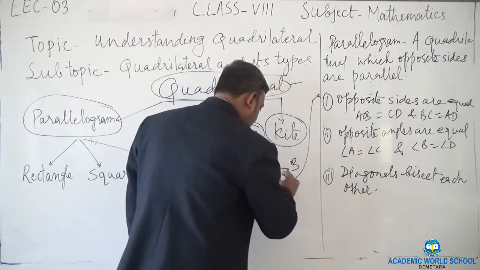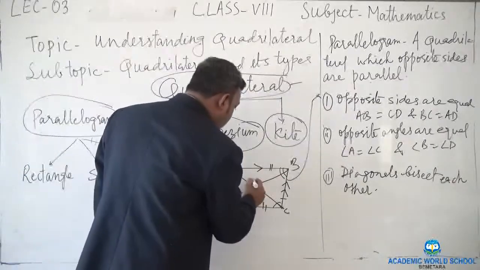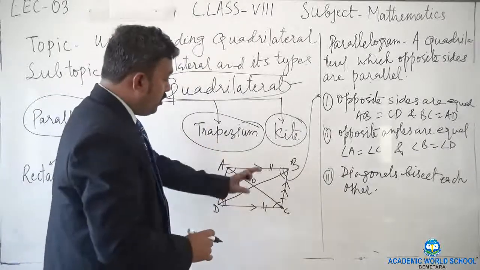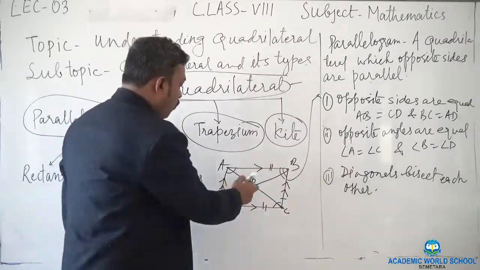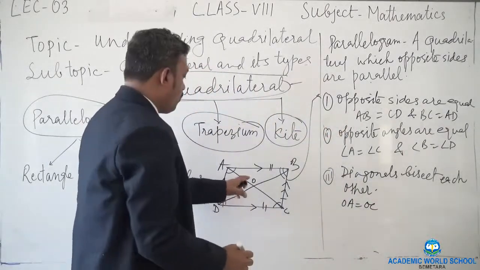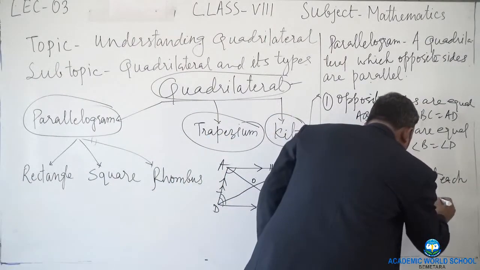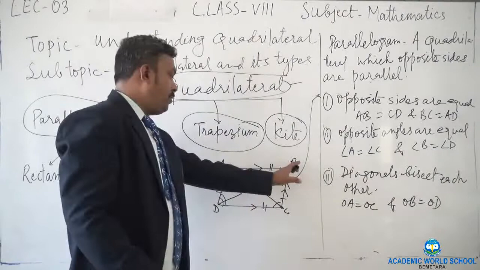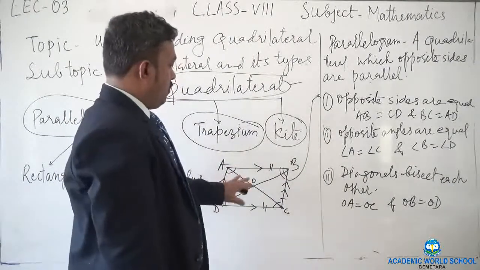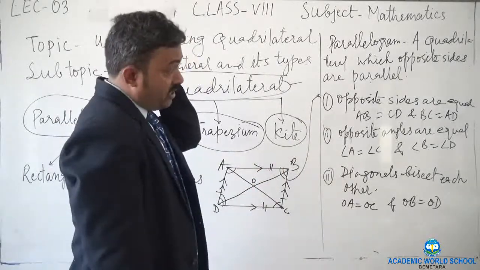Here, these are the two diagonals, and they bisect each other. Suppose they are intersecting at point O. From this property, OA will be equal to OC, and OB will be equal to OD. So this is what the property says, that diagonals bisect each other.